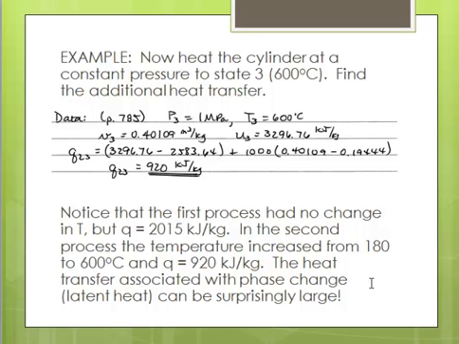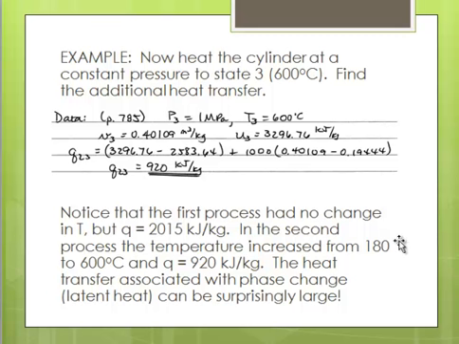Now, one of the things that I think is really important for you to notice is, in the first process, there was no change in temperature, but I was heating it from saturated liquid to saturated vapor. It's still saturated, though. It's still in this boiling process. And for that process, the amount of heat transfer required was 2,015 kilojoules per kilogram. And the second one, it was a vapor the entire time.